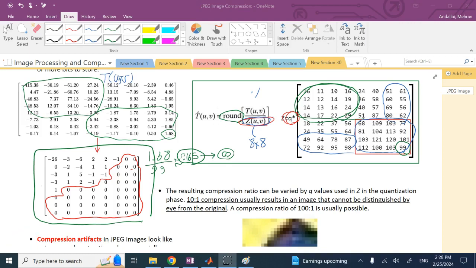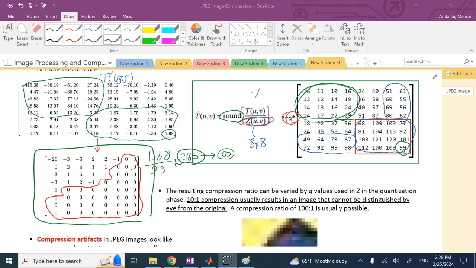Now I know those of you who are curious would ask me, how come when I get a bigger Q value, a higher quality, like 90% instead of 10%, how come I get a smaller number of zeros, and if I use a smaller value for Q, I get a bigger number of zeros?